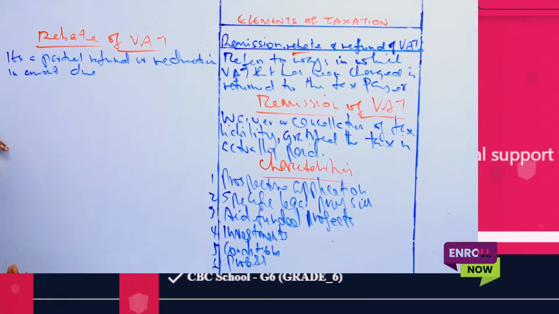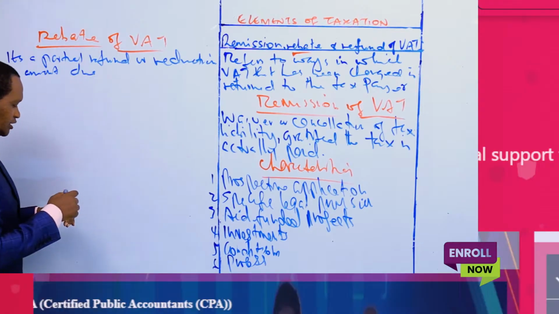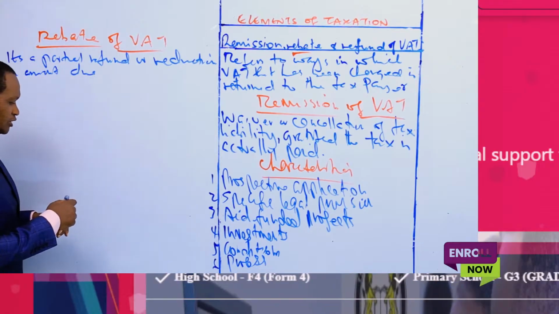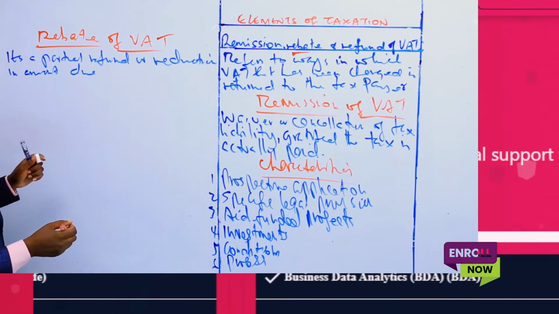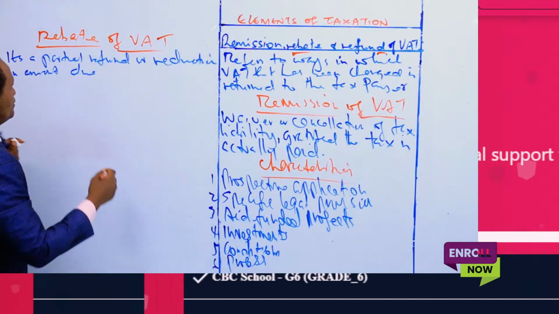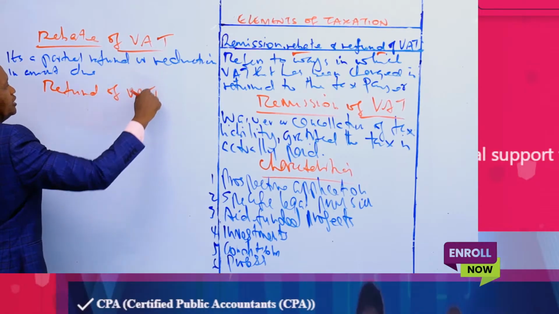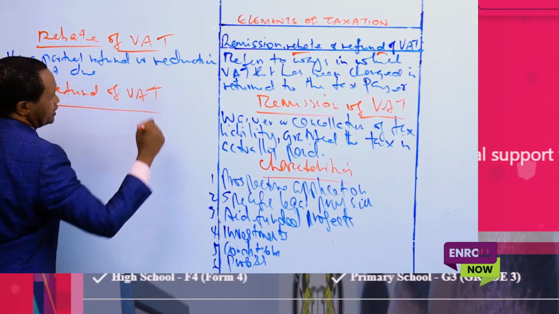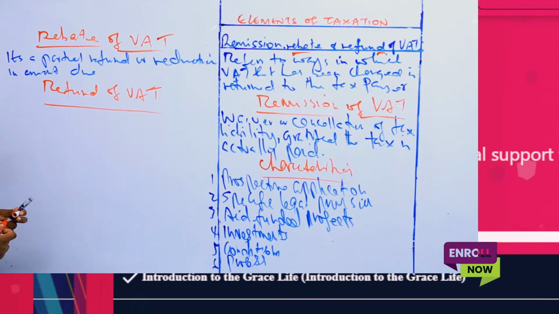So there's not much to discuss about rebate of VAT, because this term is not predominant in the VAT Act. Then moving on to refund of VAT. Now, what is refund of VAT?